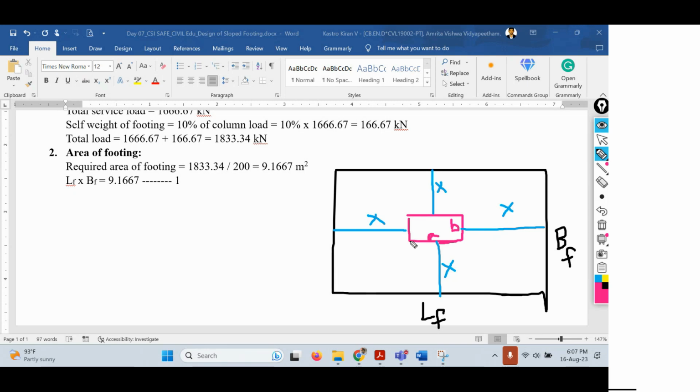So the length of the rectangular column is a, and the width of the rectangular column is b.